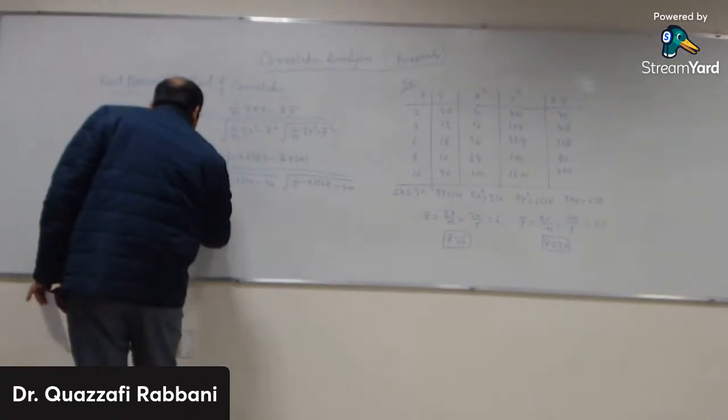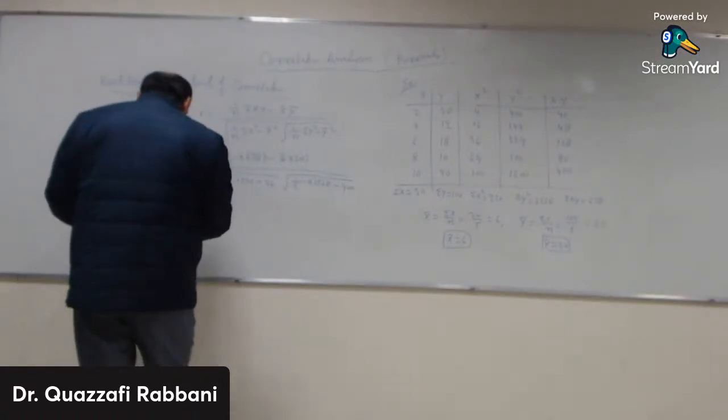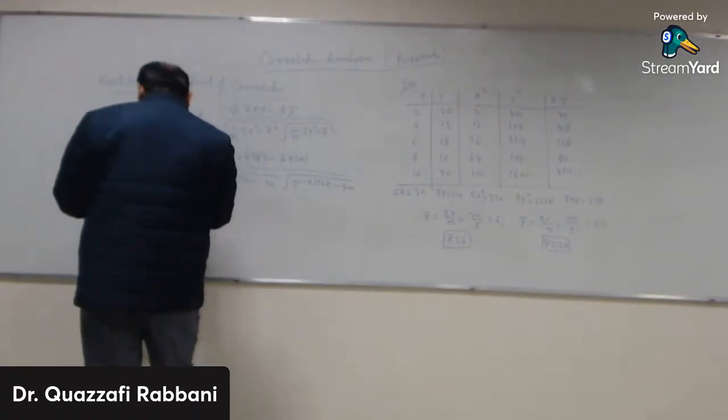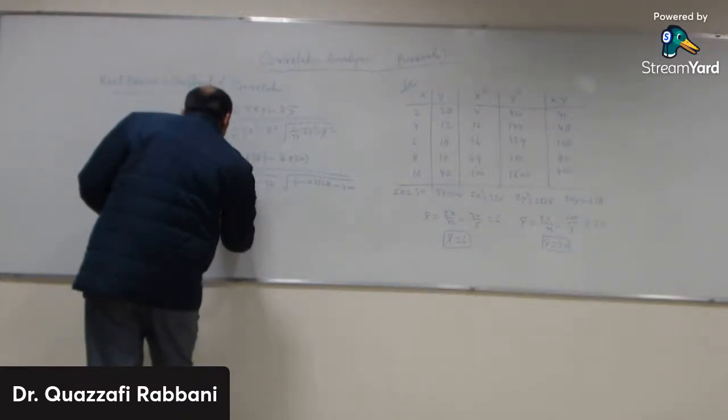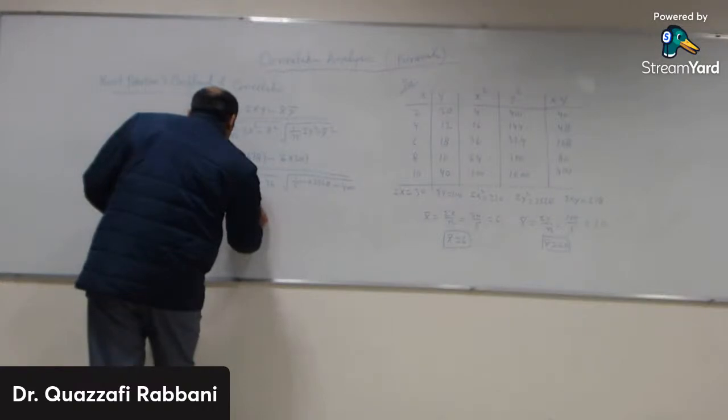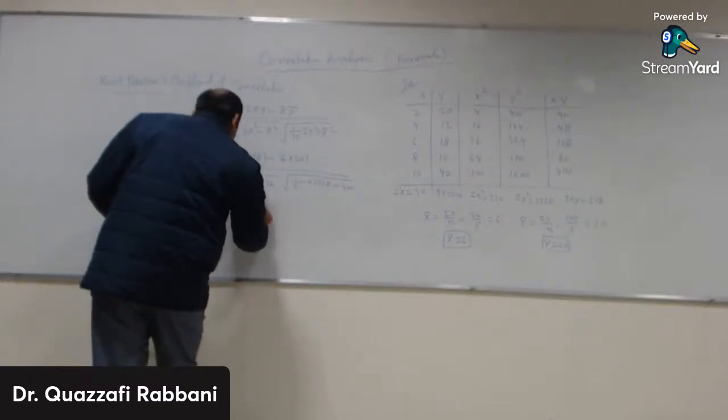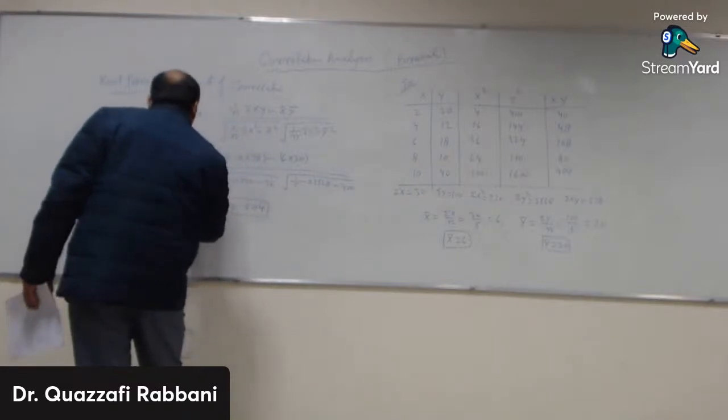After solving this, you will get the value 0.504. This is the correlation Rxy.